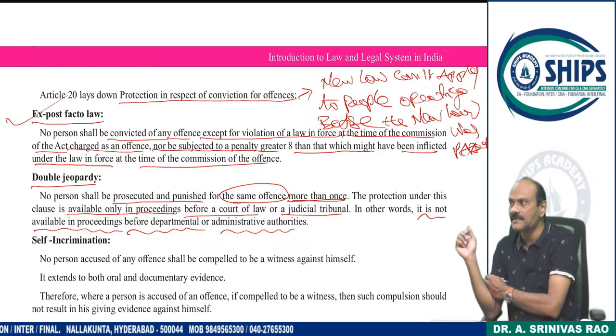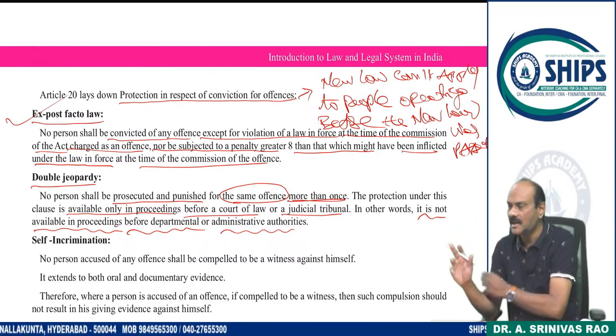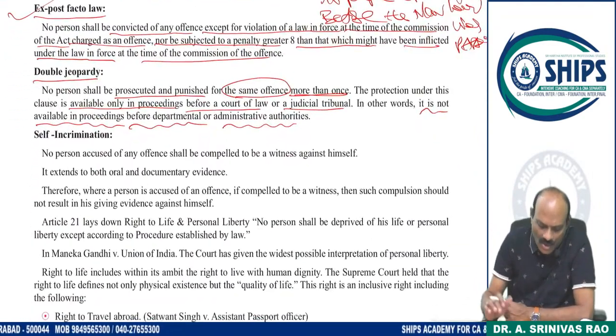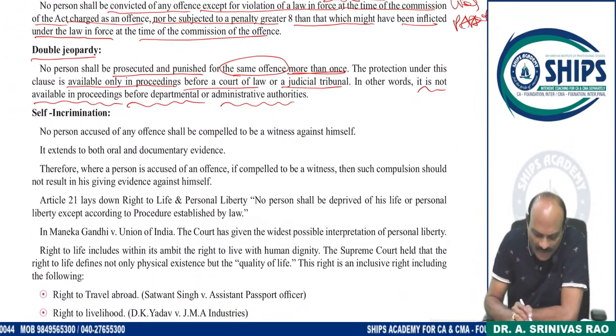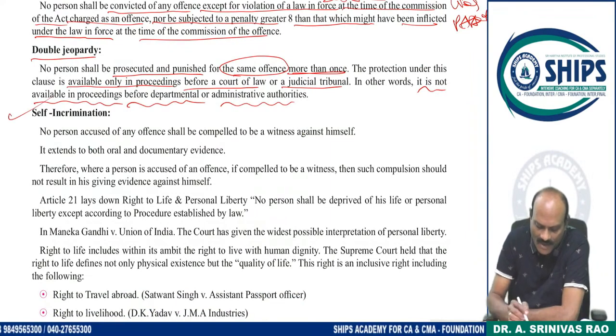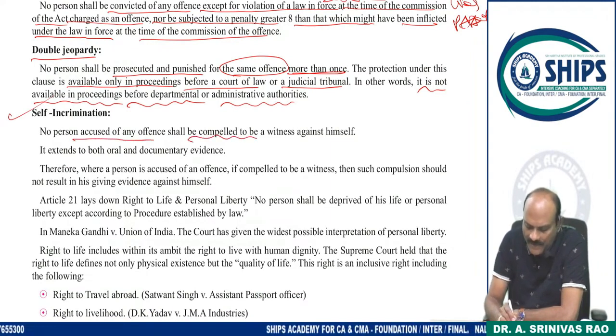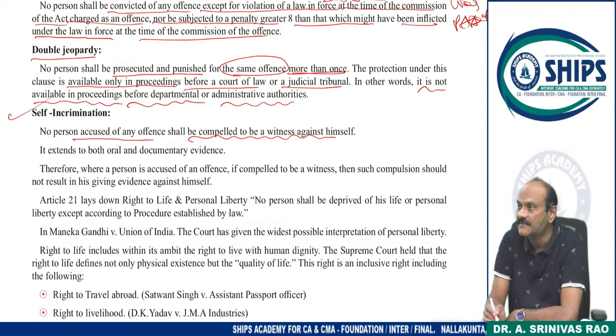But from a case point of view, no double cases, no double punishment. Only one case under the different sections, different laws, you can punish. No double jeopardy. Now see self-incrimination. No person accused of any offense shall be compelled to be a witness against himself. Means, will you give witness against yourself?